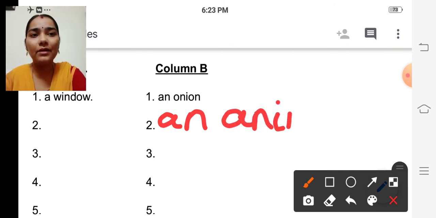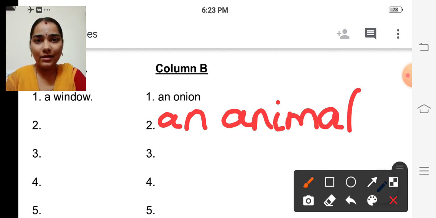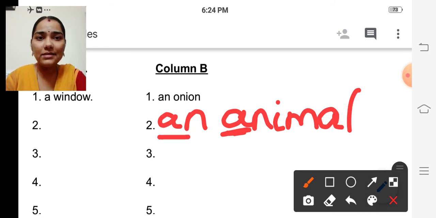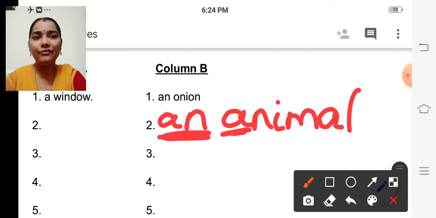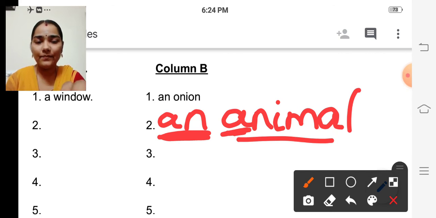So it should come in column B. An animal, because it starts with the letter A. A is a vowel, isn't it? So we have placed the article an before the word animal. Is it clear, children? Yes.